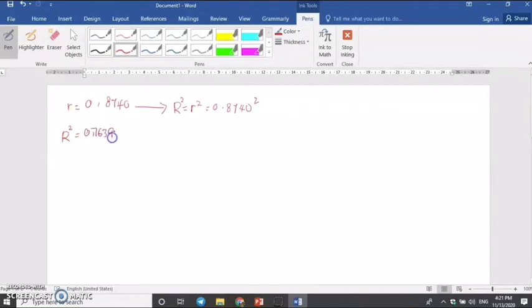0.7639. Okay, so macam mana cara nak explain? You kena buat benda yang sama lah, like what I said earlier. In terms of explanation, you need to present it in percentage.